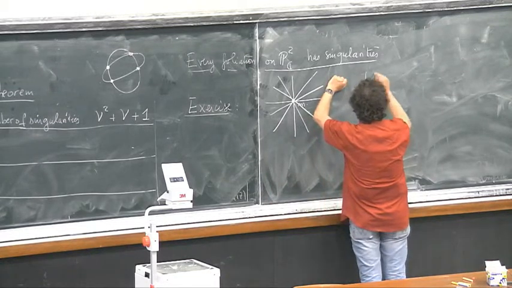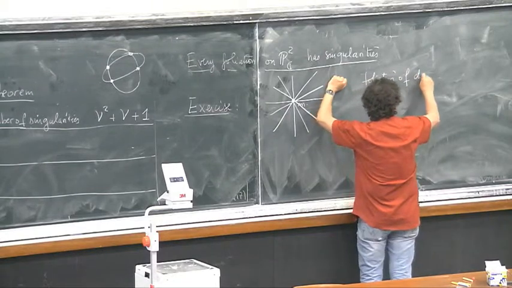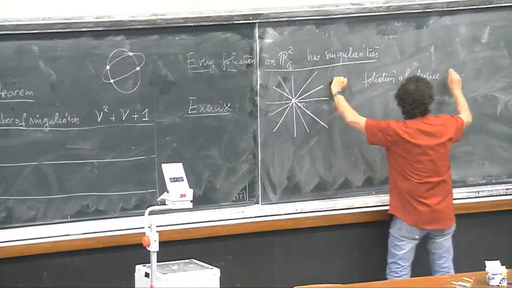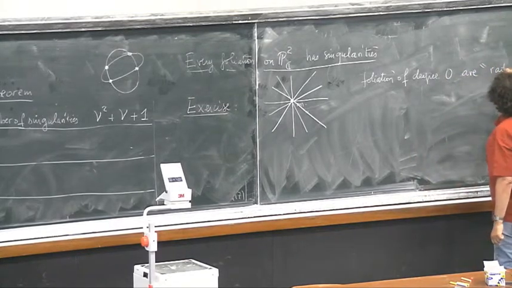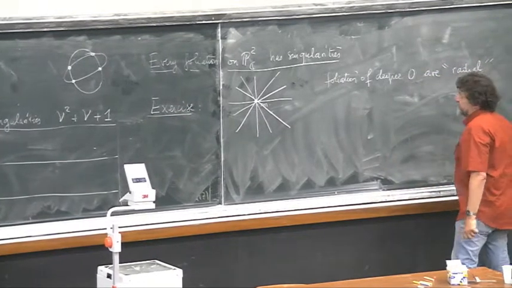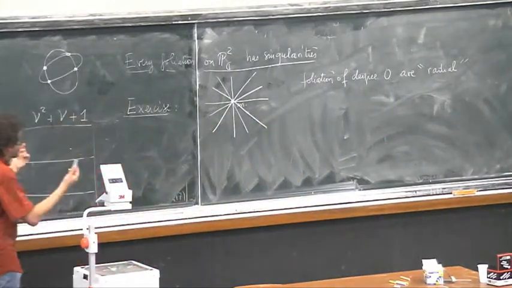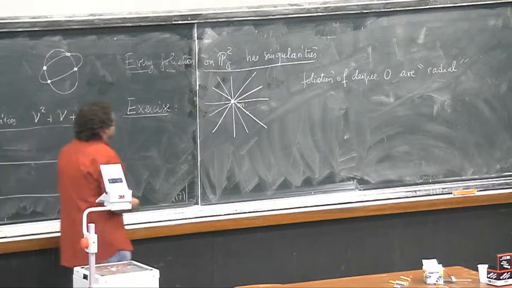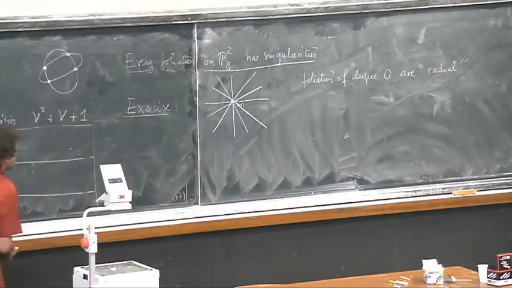Foliations of degree 0 are radial. So for example, the space of foliations of degree 0 on P2 is P2, because it's exactly the data of a point.